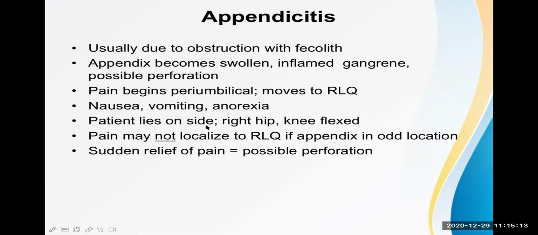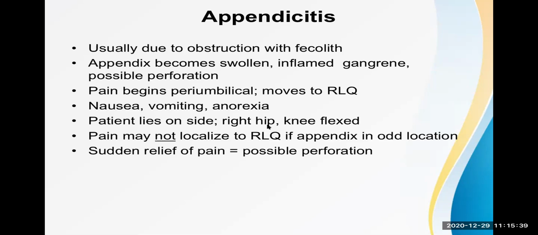Patient lies on the side. Right hip and knees are flexed. If right hip is extended, okay, then the patient may have pain, especially if the appendix is located there. In a retrocecal type of appendix, the pain occurs in this examination. This is called psoas sign. Psoas major is the muscle which is the flexor of the hip joint.